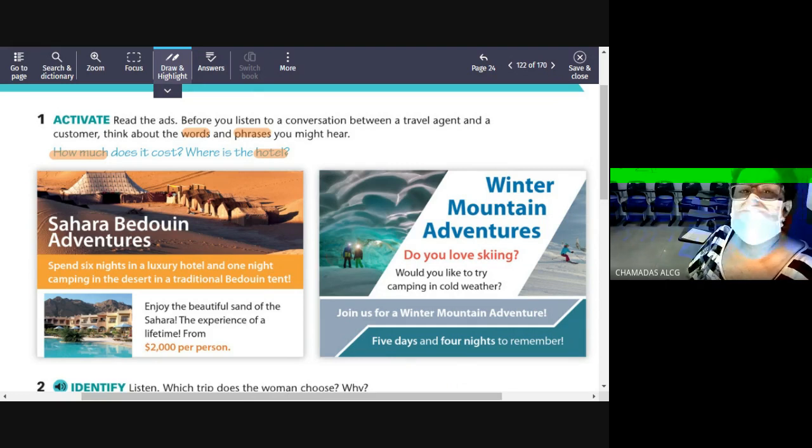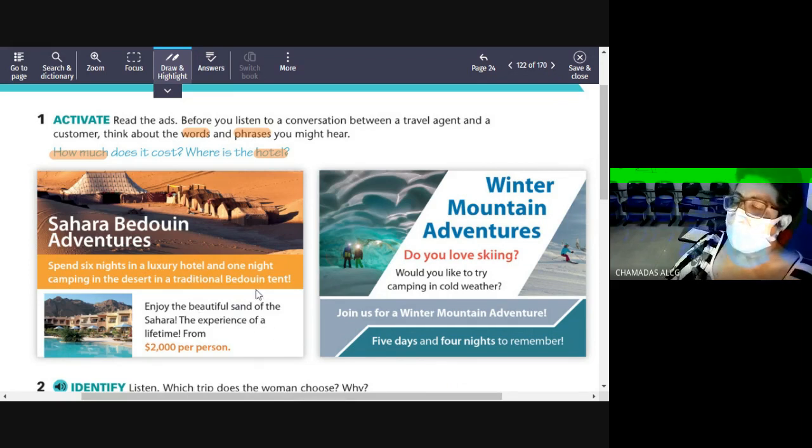Another word, accommodation. Yeah, accommodation is important because you want to know what kind of accommodation they offer. Especially here in the second one, not the first. But here it's a luxury hotel, so the accommodation is the best possible. Even though it's a traditional tent, it's comfortable.